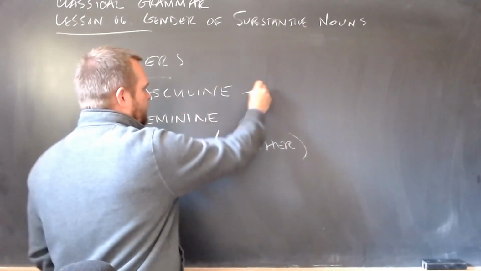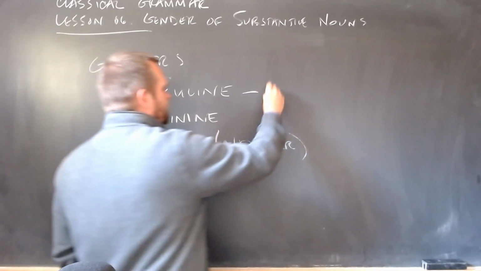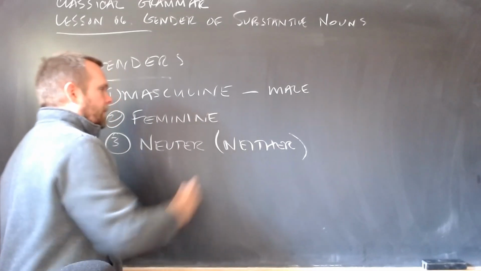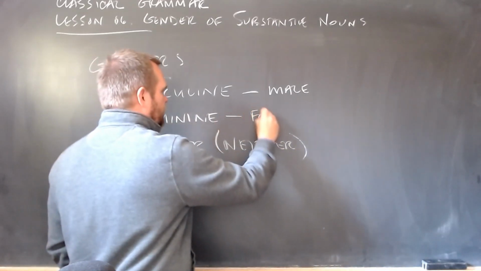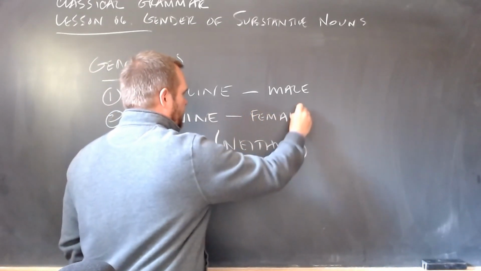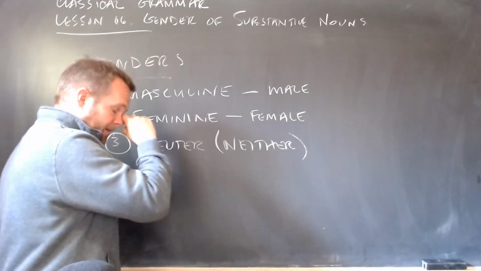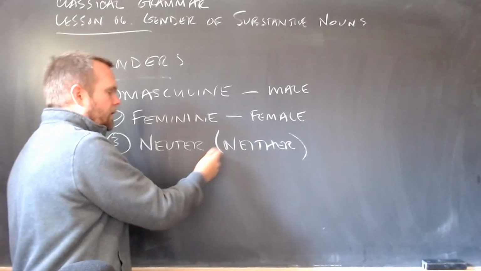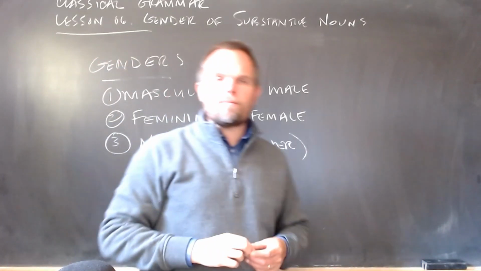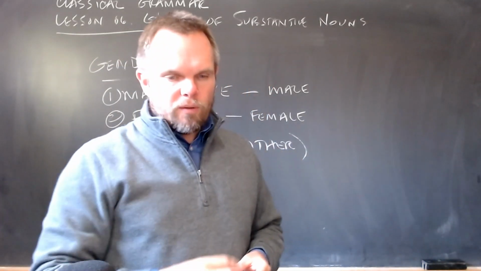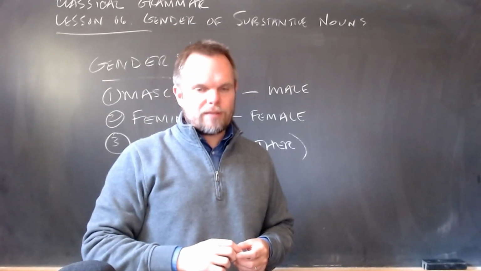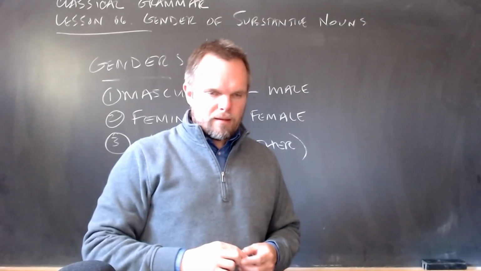Masculine refers to the gender of anything that's a male, any male animal. And feminine refers to the gender of any female, anything that's female. Anything that's not male or female is said to be neuter in gender. So there are 3 genders of nouns in English: masculine, feminine, and neuter.